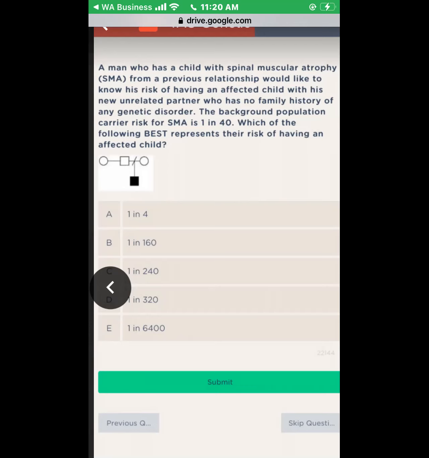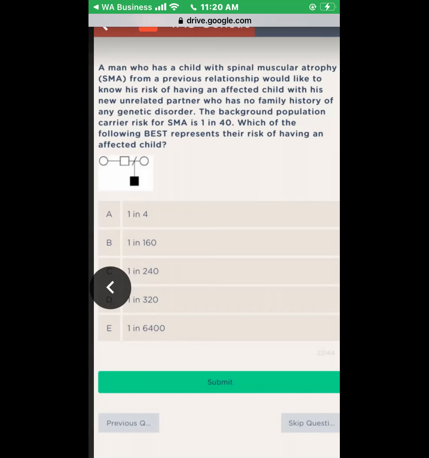Now he has married again with another woman. He would like to know his risk of having an affected child with his new unrelated partner, who has no family history of any genetic disorder. That means his second wife does not have SMA or any other genetic disease in the family. He wants to know whether his future child will be affected by SMA or not, because he has an affected child already.